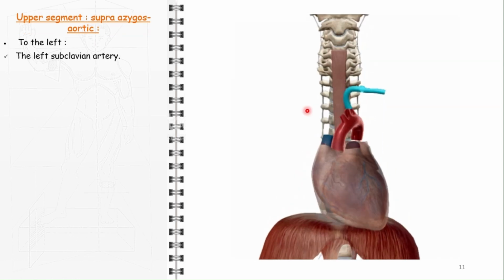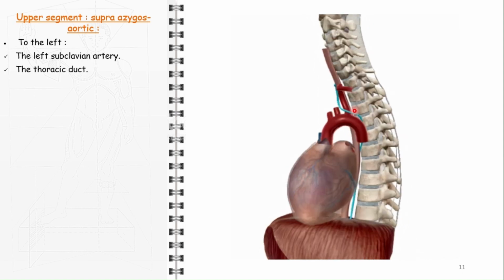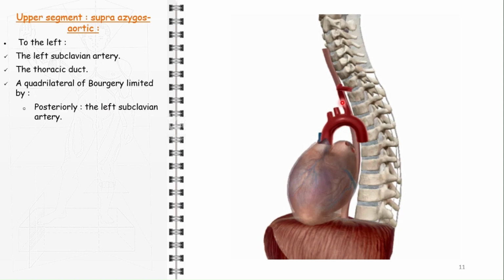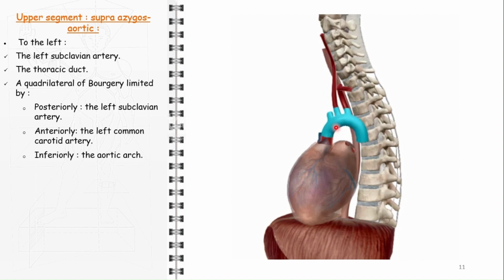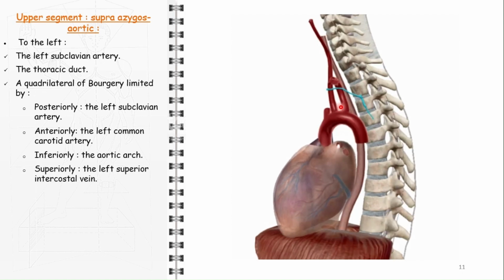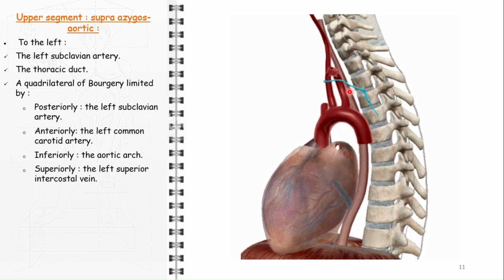To the left, the subclavian artery and the thoracic duct. In front of it, the quadrilateral of Borghesi, limited by: posteriorly, the left subclavian artery; anteriorly, the left common carotid artery; inferiorly, the aortic arch; and superiorly, the left superior intercostal vein.